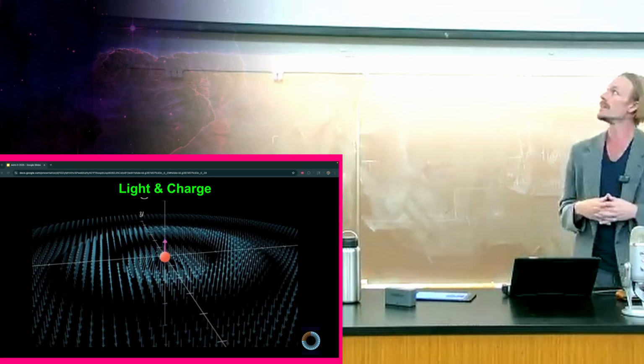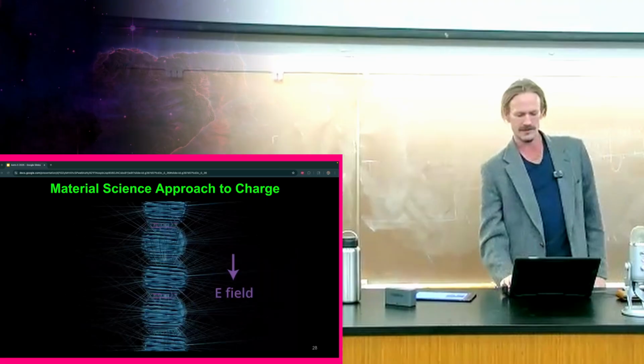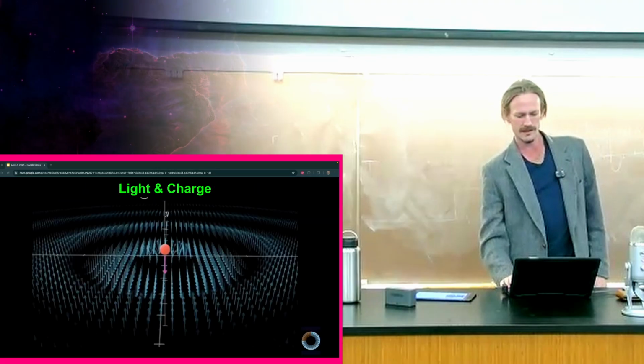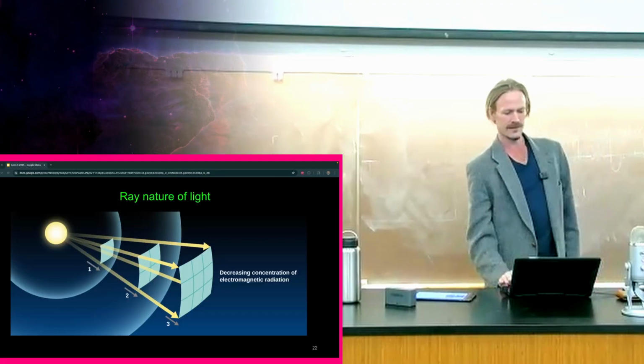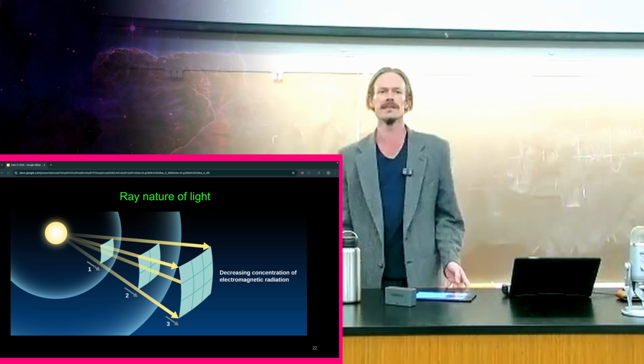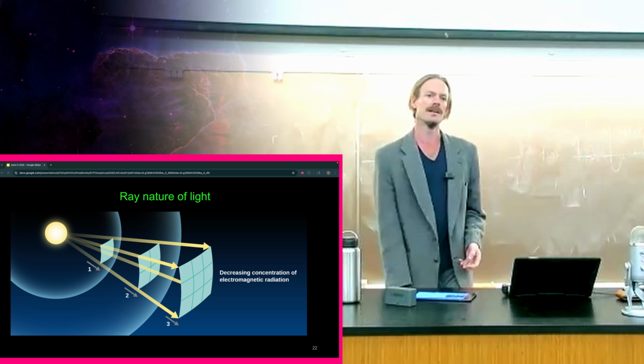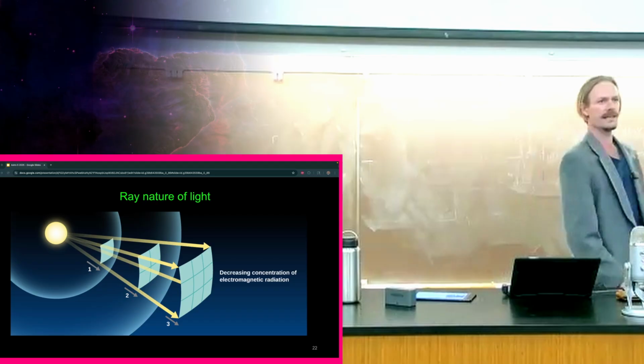That's why I keep showing this picture over here. So just radial architecture gives you the proper inverse square law of connectivity to begin with for light and for gravity.